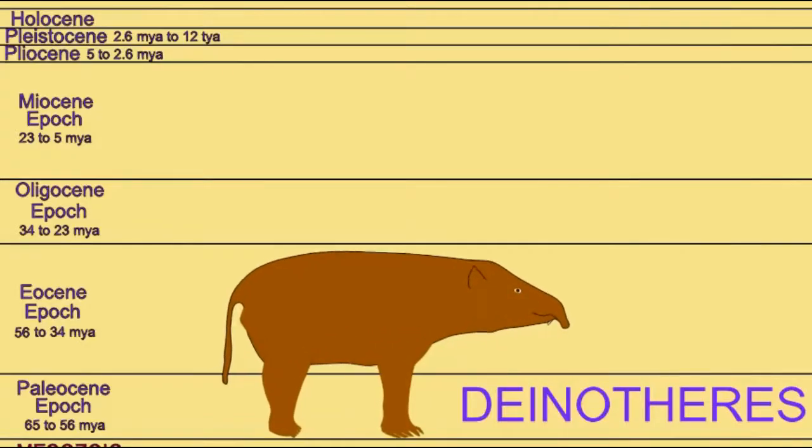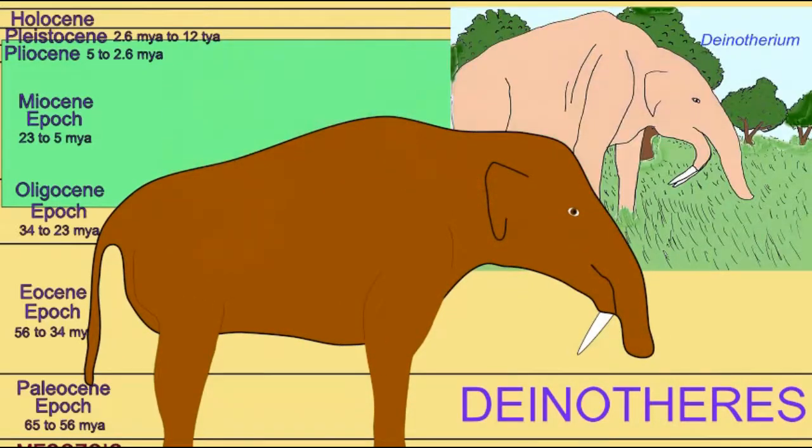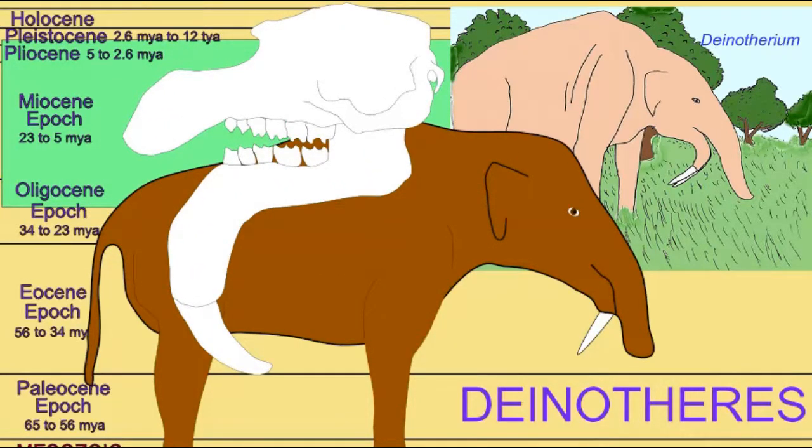By the end of the Paleogene, the earliest of the Dinotheres, Chilgatherium, had evolved and was limited to Africa, unlike later forms.